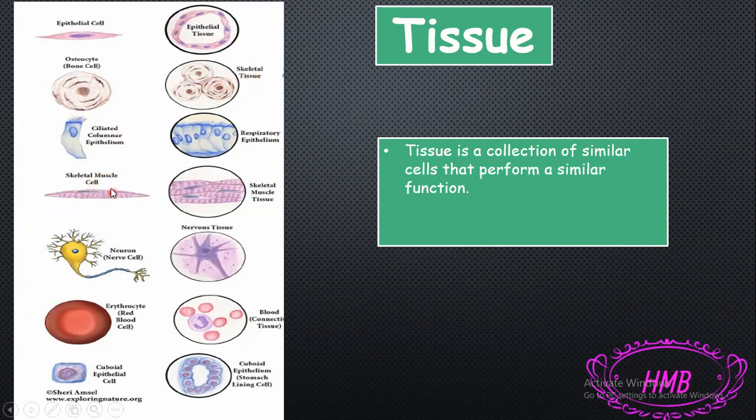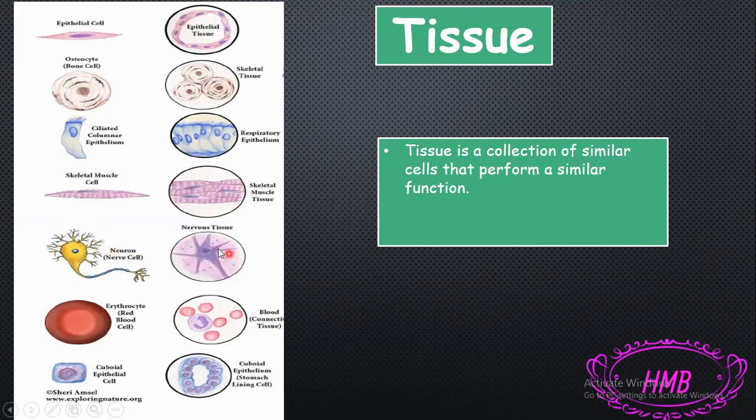Also here, muscle tissue, muscle cell. This muscle cell is one cell. When it reproduces and doubles itself, it will be many. These many cells, when they are joined together, will give me muscle tissue. The same for the nerve, one nerve cell.